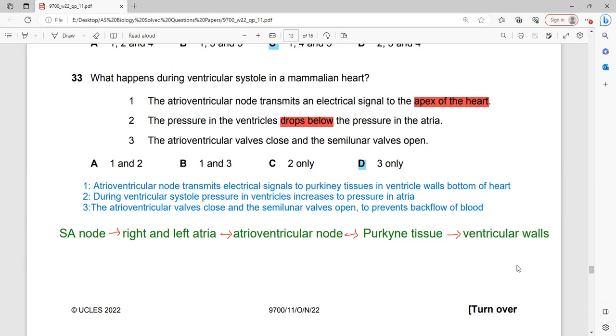Now the pressure in the ventricle drops below the pressure in the atria. In ventricular systole, the pressure in the ventricle will increase above the pressure in the atria, so this is the wrong statement. The atrioventricular valves close and the semilunar valves open. That's the correct statement, so number 3 is our correct statement. D is our correct answer.